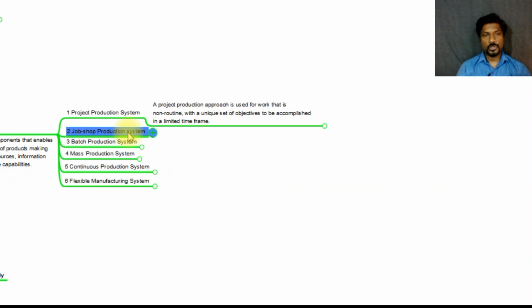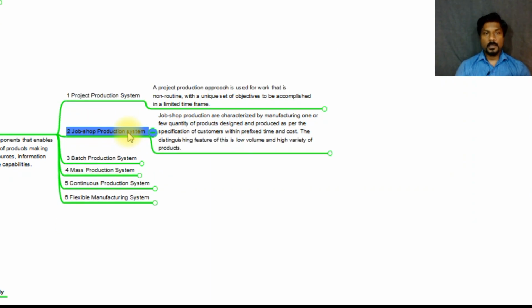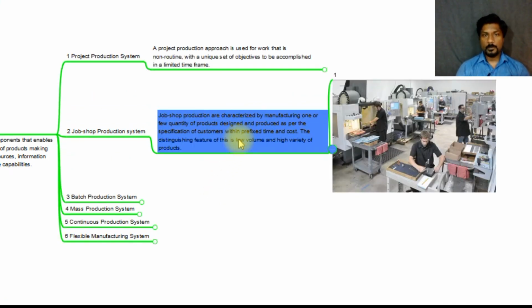Now let us look at what a job shop production system is. In the case where you need a little more flexibility, a little more variety, you need to produce more types of items and more quantity of items, then a job shop is a better way of doing that. A job shop consists of different general purpose machines. This is an example of a job shop layout.